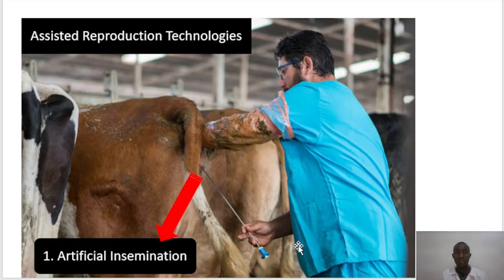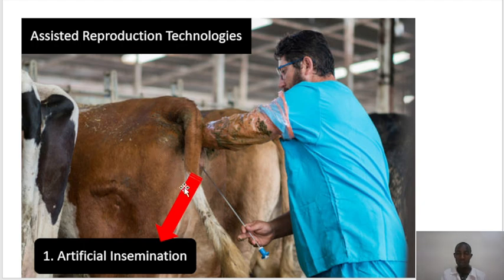these assisted reproductive technologies include artificial insemination. For example, here you are seeing an artificial inseminator inseminating this cow. We use an artificial insemination gun to inseminate the cow. So here we don't serve the female with the bull, and that's natural serving.